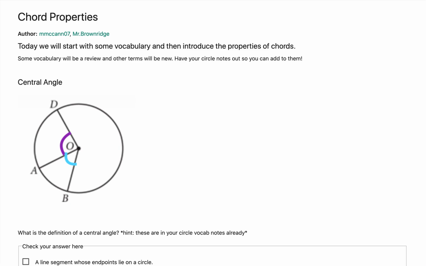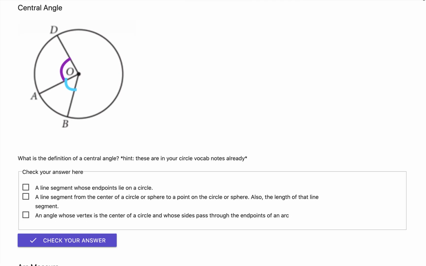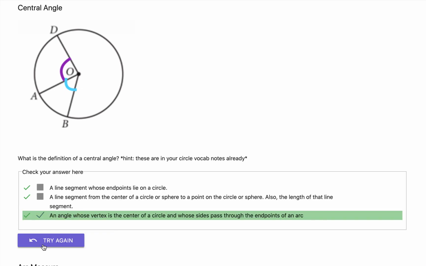So the first term I have is an old vocabulary term, which is called the central angle. So go back to your notes and tell me which of these definitions is the correct definition of a central angle. So the correct definition for a central angle is an angle whose vertex is the center of the circle and whose sides pass through the endpoints of an arc.